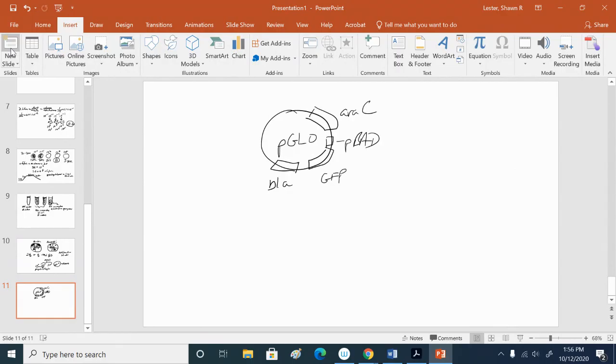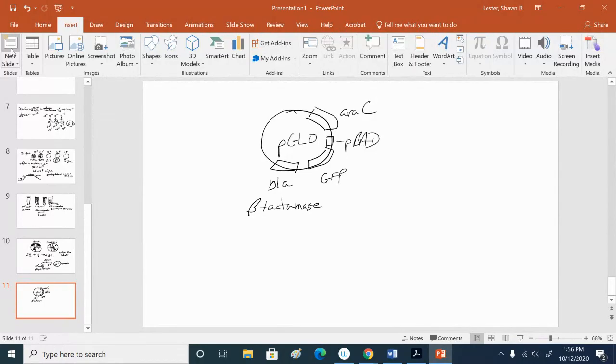What was the bla gene? What does that code for? Is it for destroying antibiotics? Right, the enzyme is beta lactamase, which destroys the penicillins like ampicillin.